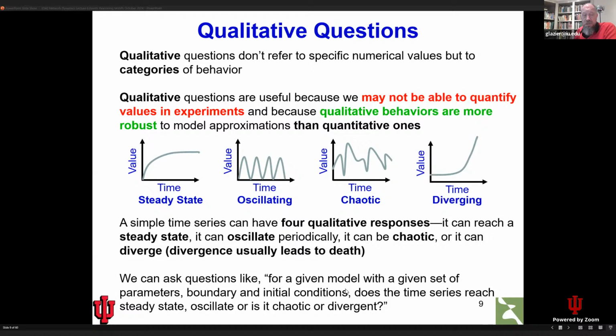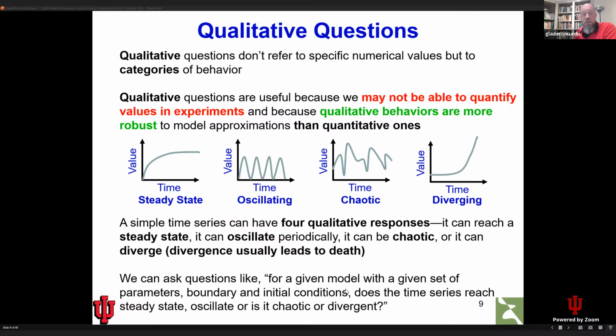And there's also the fact that typically our simulations involve a lot of parameters that we can't pin down very well. And so the numerical values, again, are going to be hard, but the qualitative behaviors should agree. If the model is going to be useful, it better have the right qualitative behaviors. If the qualitative behaviors are wrong, then certainly we don't have anything useful coming out of our model.